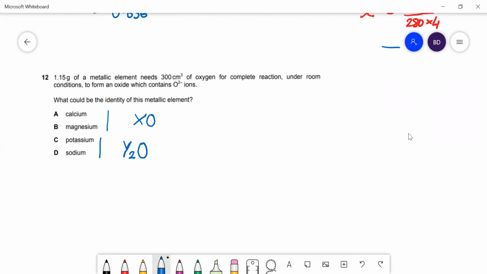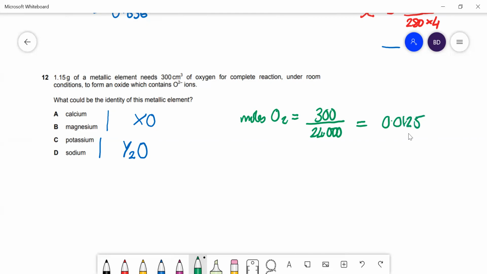Okay. Now, let's work out our moles of oxygen first of all. So that's going to be the volume of the gas divided by the volume of 1 mole, 24,000 centimeters cubed. That gives us 0.0125.